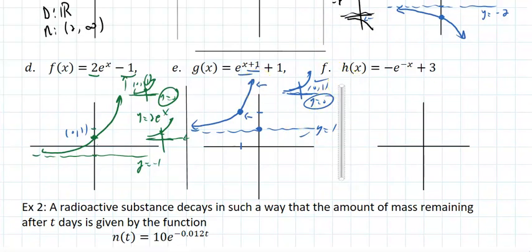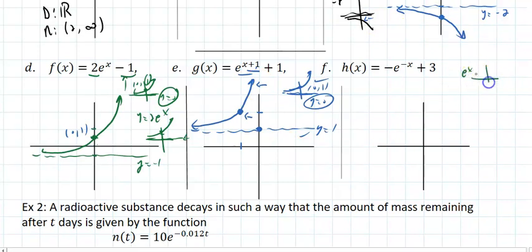How about this graph? Well, let's see. If I start with e to the x, it is one of those. Multiply the x by a negative. Reflect this graph with respect to the y-axis. Now it's exponential decay. This is e to the negative x. Negative e to the negative x.